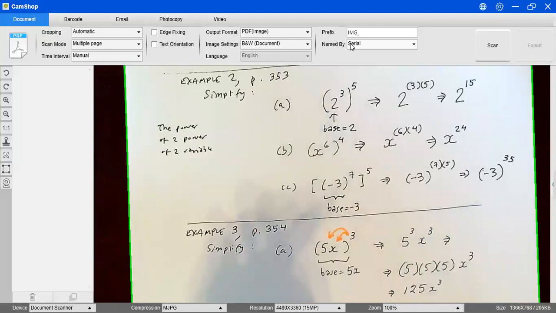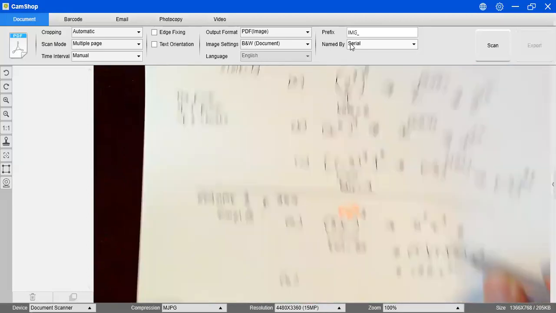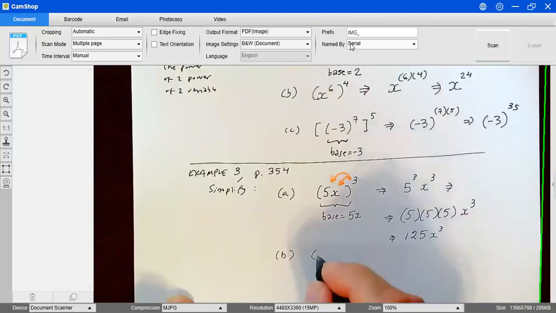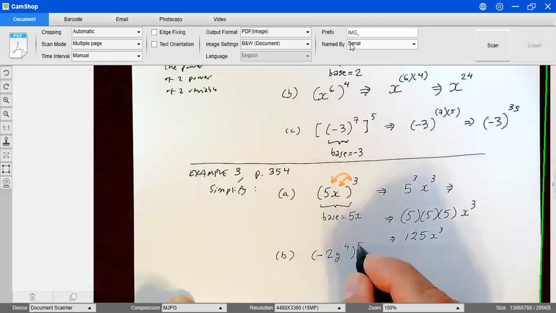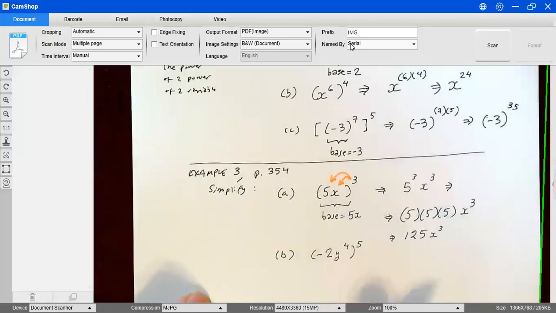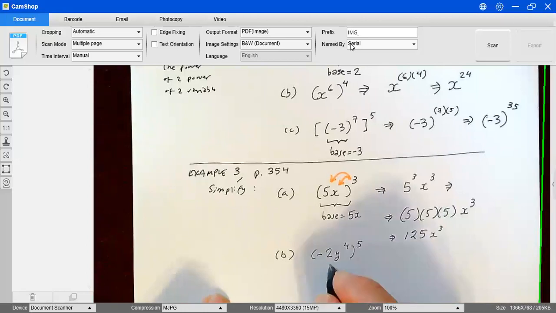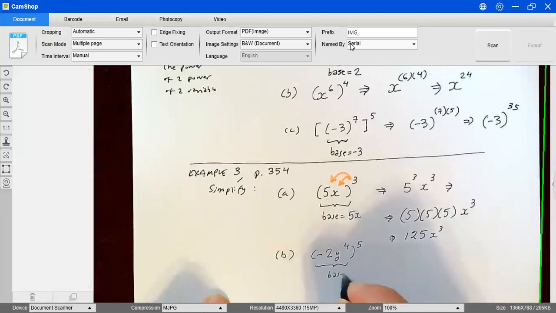Okay, now there are more cases for this example. The next part is -2y to the 4, and this is raised to the 5th power. Again, the base is -2y to the 4, everything inside the parentheses.